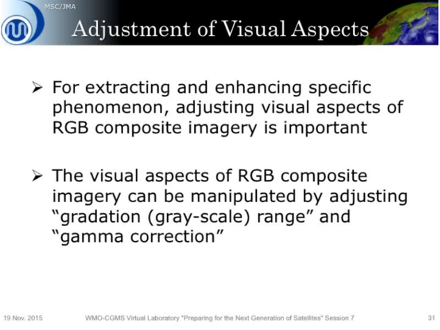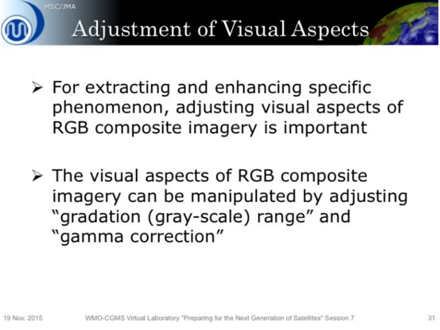From here, I'll show how to adjust visual aspects of imageries. For extracting and enhancing a specific phenomenon, such as thick and high clouds, adjusting visual aspects of RGB composite imagery is important.